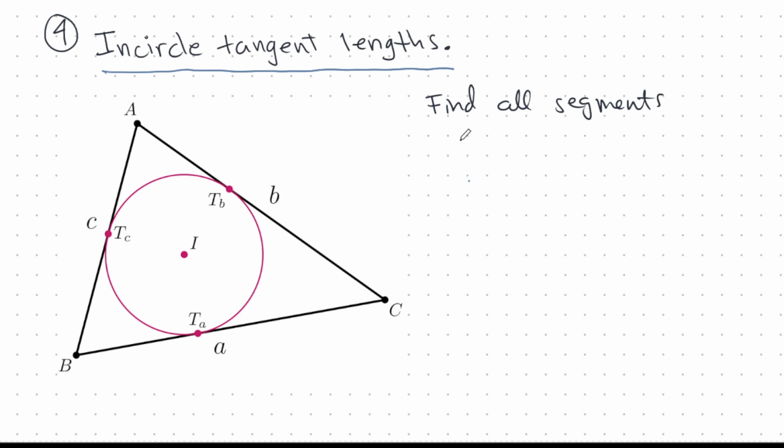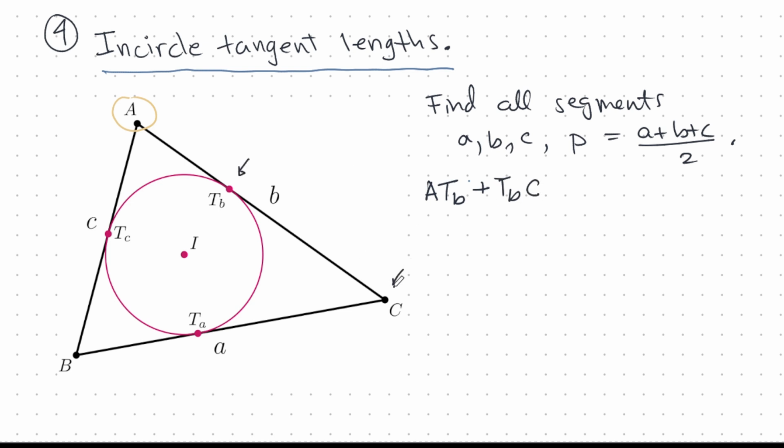And we're going to find them in terms of the known sides, A, B, C, and also the semi-perimeter. So P is going to be A plus B plus C over 2. All right. And we're going to solve for all of these segments using only these things. Okay, let's start at A, and we can start adding up these segments. So A to TB plus TB down to C, and keep going.